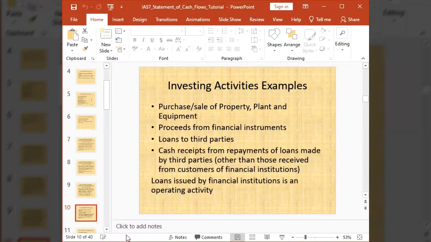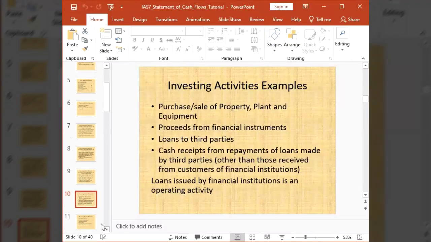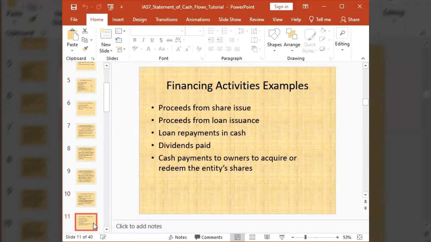Let us now look at the next very important item in this lecture. Today, we are also going to give examples of financing activities. Examples of financing activities include proceeds from issue of shares, proceeds from issue of loans or loan notes or debt, loan repayments in cash, dividends paid, and cash payments to owners to acquire or redeem the entity's shares.